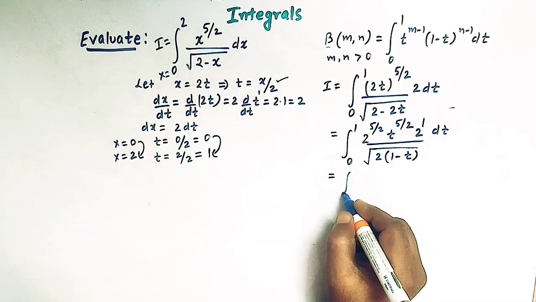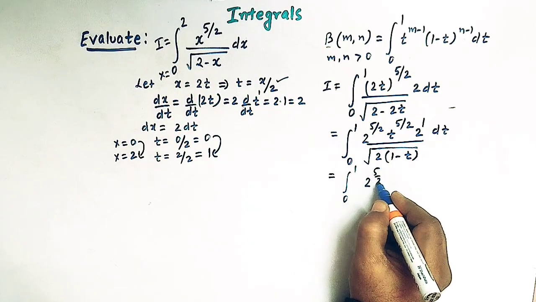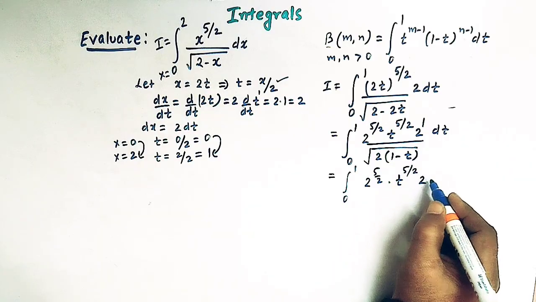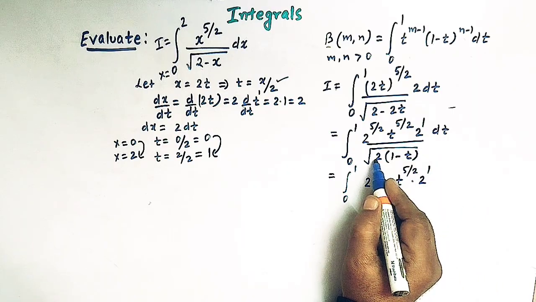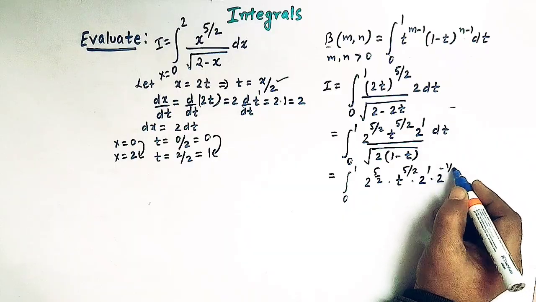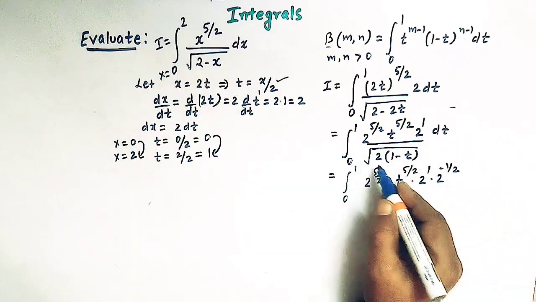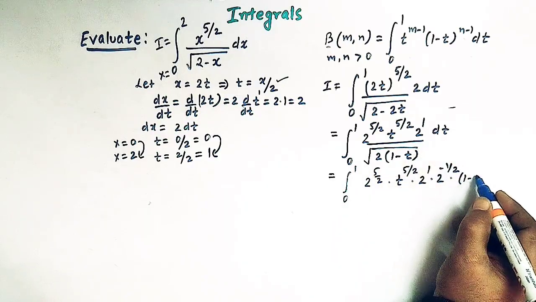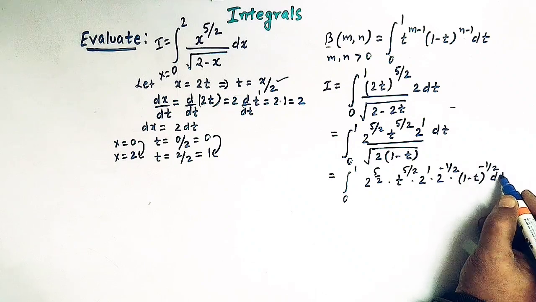So now we can write 0 to 1, we have 2 raised to 5 over 2 and t raised to 5 over 2, and here we have 2 raised to 1, and taking square root of 2 to the numerator, we can write 2 raised to minus half, and here square root of 1 minus t can also be taken to the numerator. So we can now write (1 minus t) raised to minus half, and here we have dt.